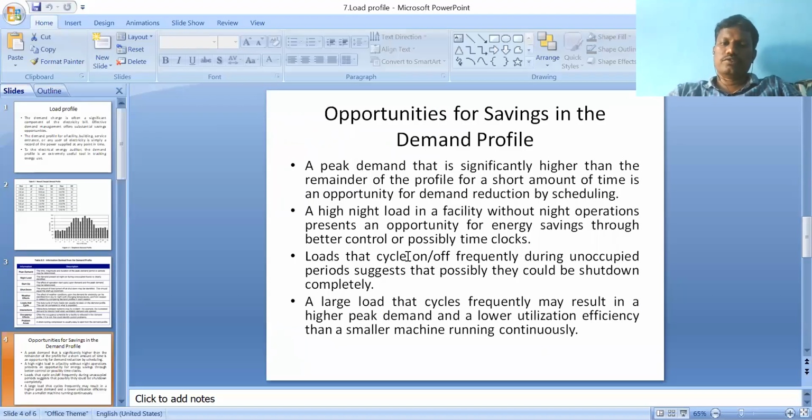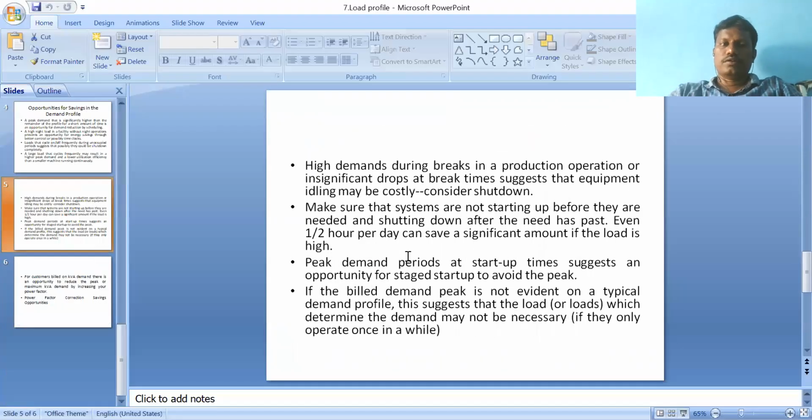A large load that cycles frequently may result in a higher peak demand and lower utilization efficiency than a smaller machine running continuously. Finally, high demand during breaks in production operations, or insignificant drops during break times, suggests that equipment may be costly. Consider shutdown.